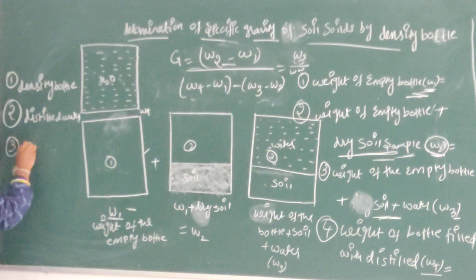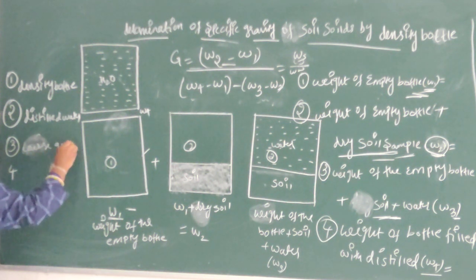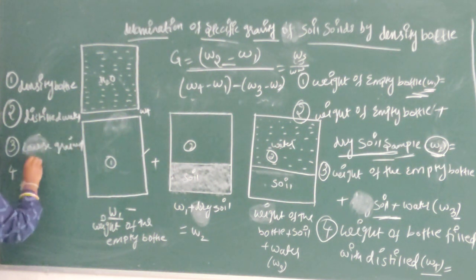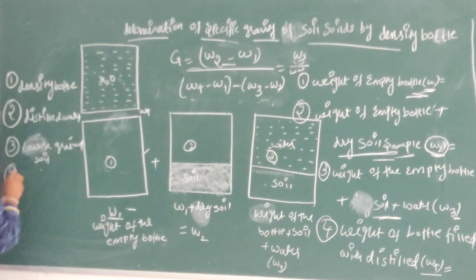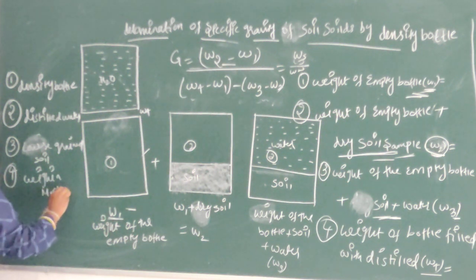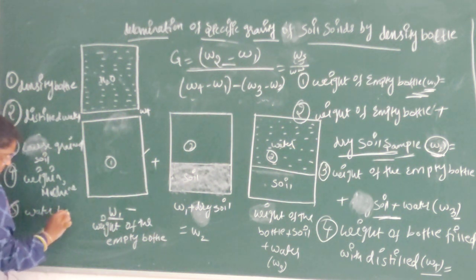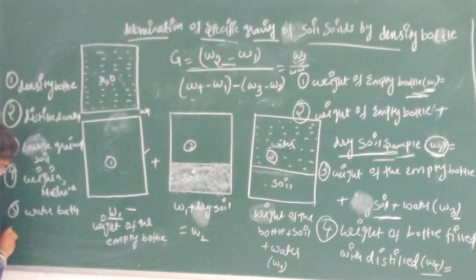Third one, soil, coarse grained soil. Next we are using a weighing machine. Then a water bath. Sixth one, desiccator.